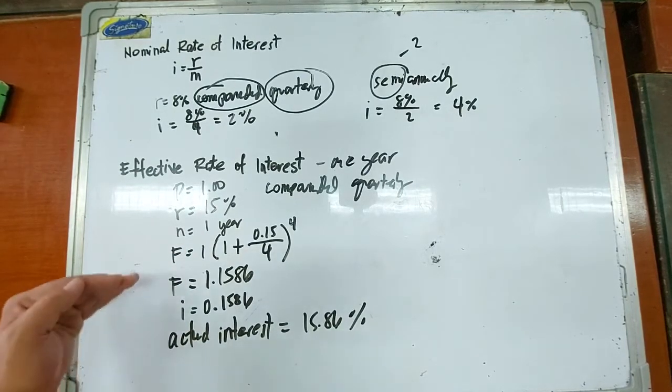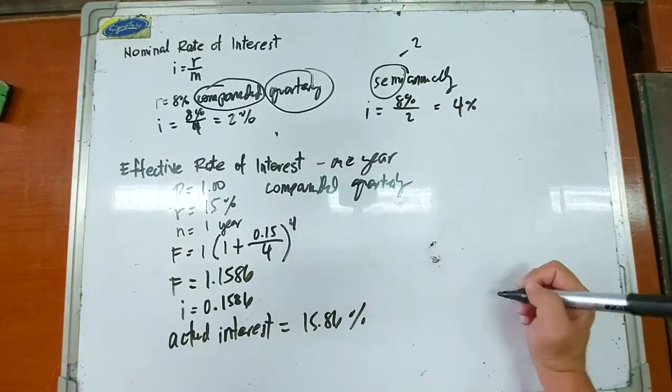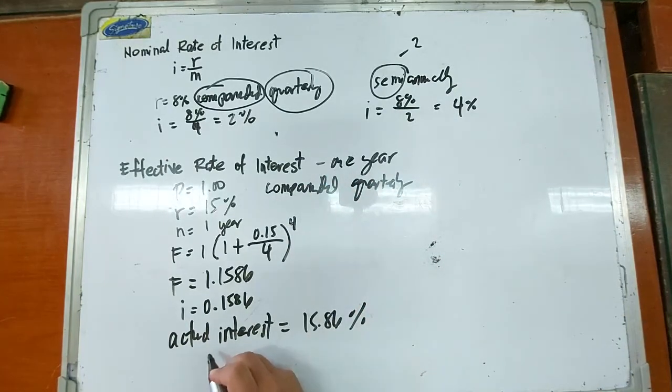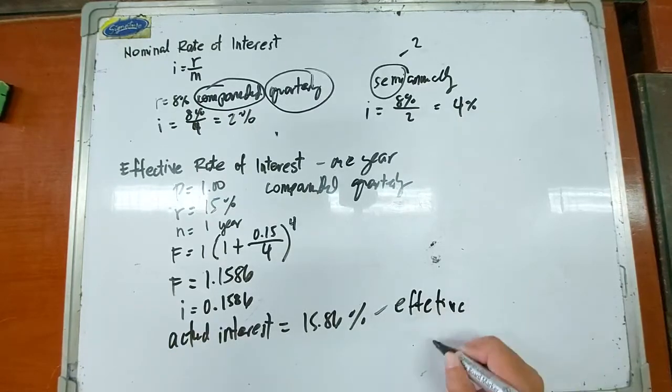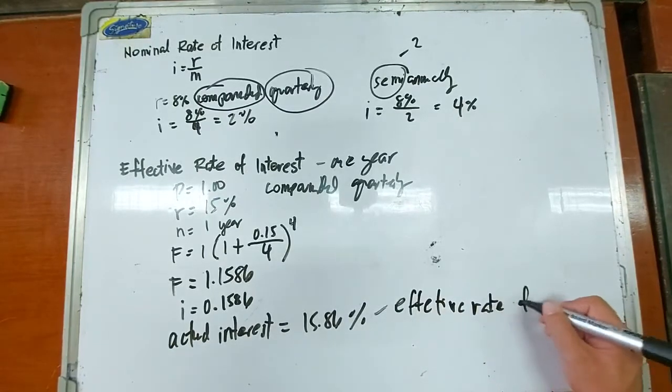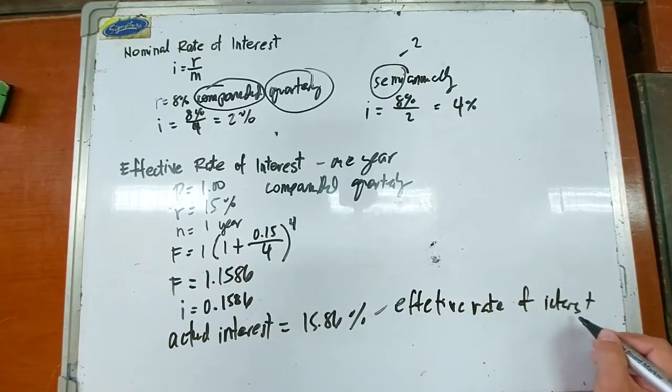So nag-i-increase yung amount or yung value ng principal per compounding. Ayan. So the actual or the effective rate of interest is 15.86%. So that's how we solve for the effective rate of interest.